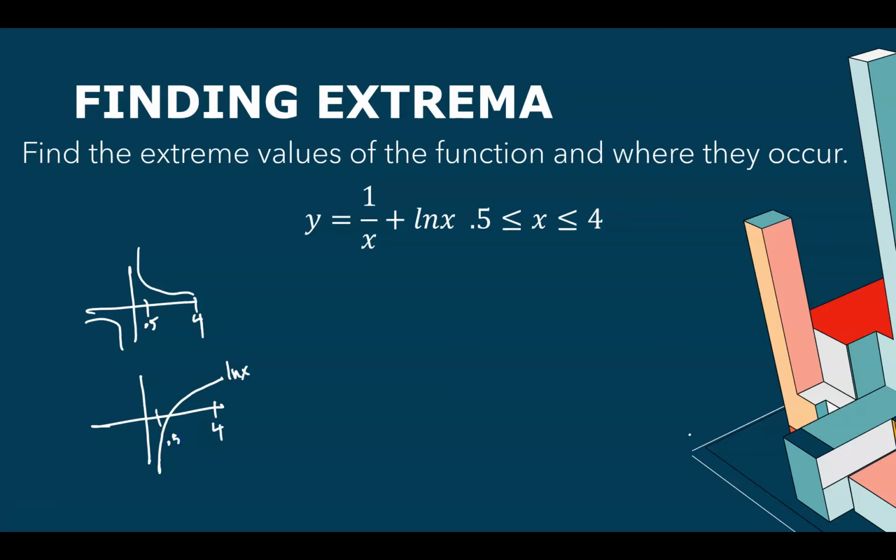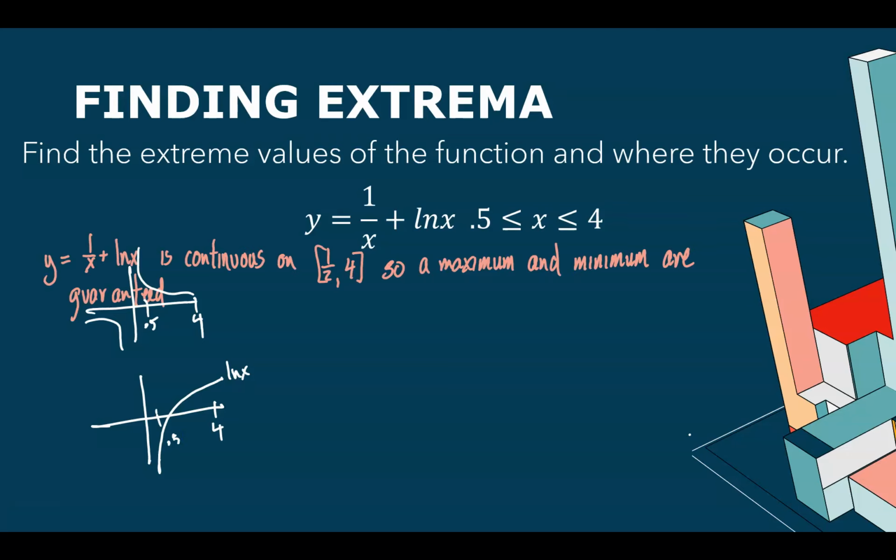And addition doesn't create any problems. So 1 over x plus natural log of x, we're just going to say is continuous on 1/2 to 4, even though we don't know what that graph looks like yet. And in fact, maybe the fun or annoying part of calculus is a lot of times we don't know. Anyways, so a maximum and minimum are guaranteed.